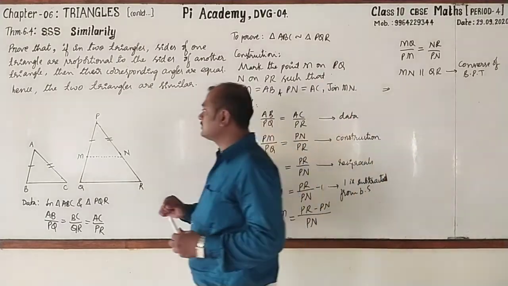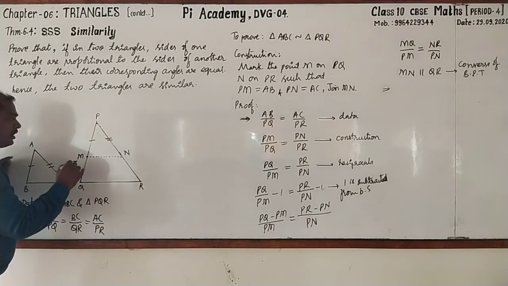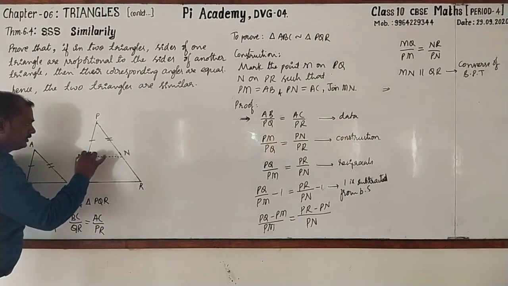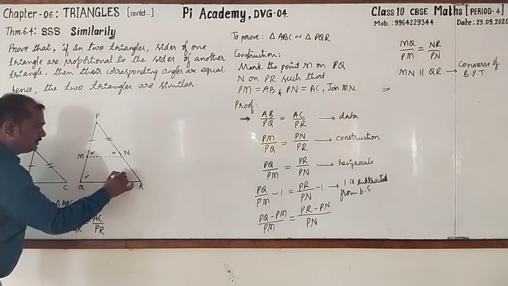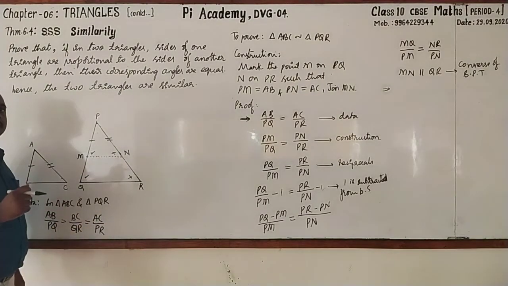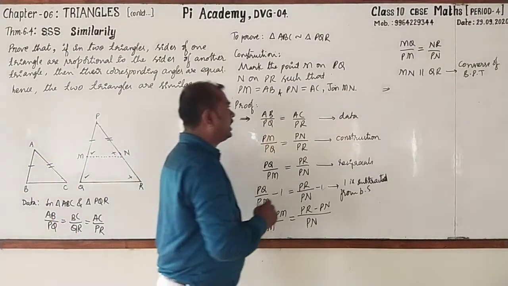Dear students, you must remember that we are going to prove first the corresponding angles are equal. Now look here, these two angles are equal. Similarly, these two angles as well. What may be the reason? The reason is they are corresponding angles.